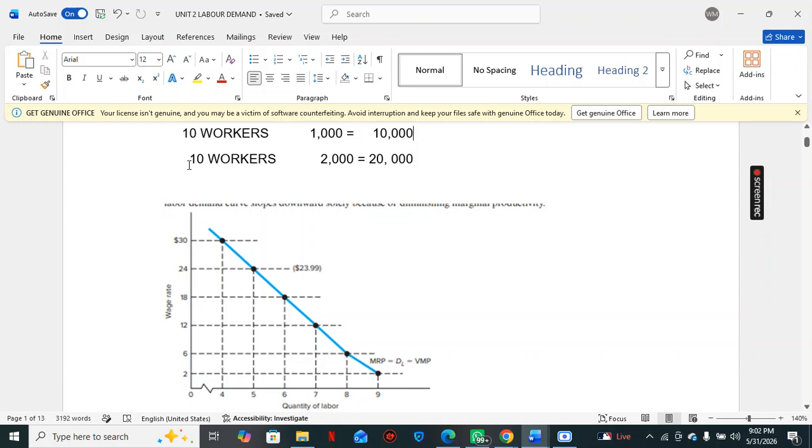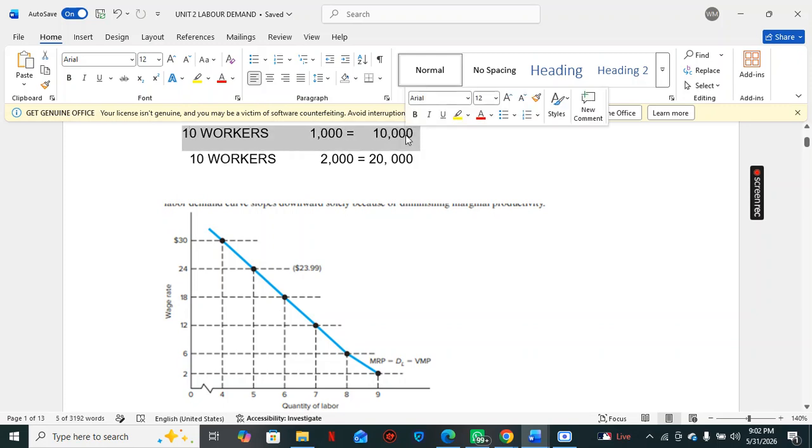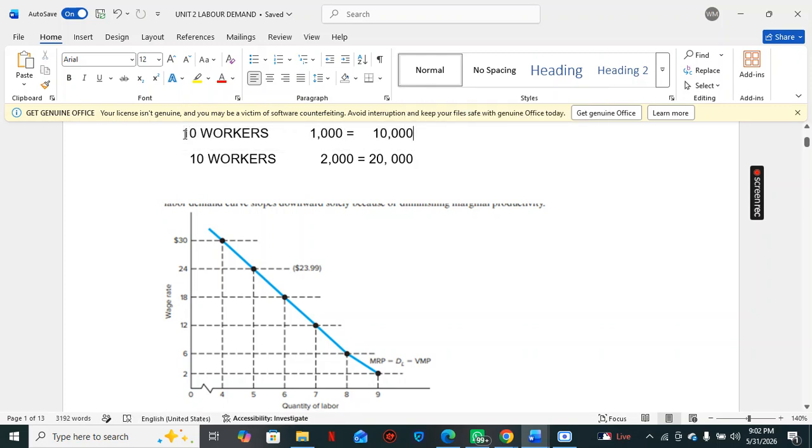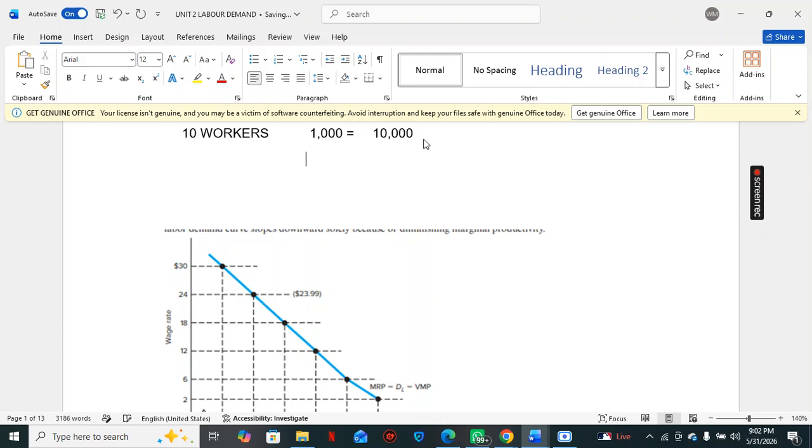If we come back to our example here, initially the wage rate is 1,000 per worker, the minimum wage. Let's say that minimum wage gets cut down. Although in real life, when you drop the minimum wage, it will cause a lot of havoc in the nation.